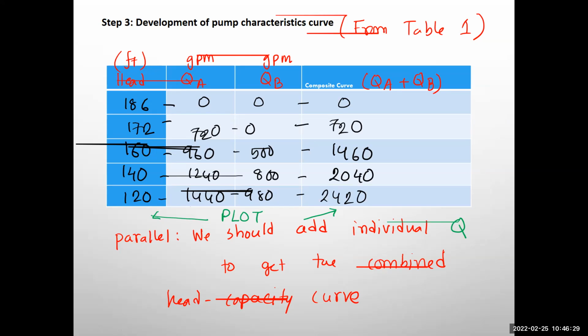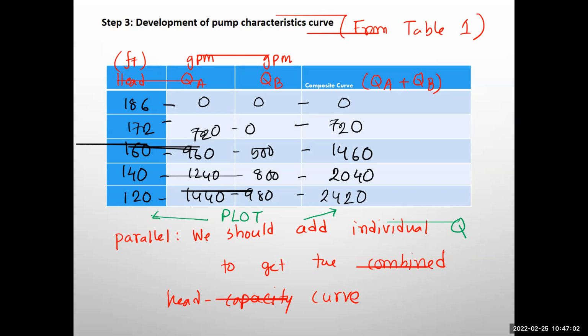You have 2 minutes. Find the operating point, like Q and H, and check with me if that is the correct answer or not. Yes, yes, because everything here is in GPM.